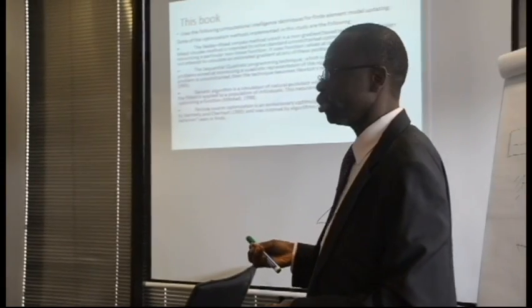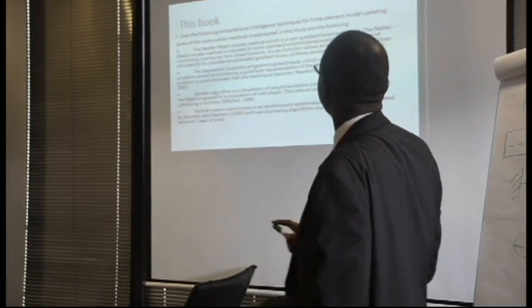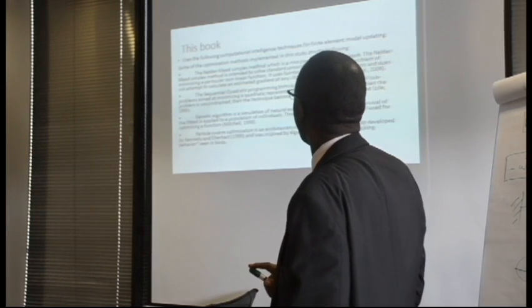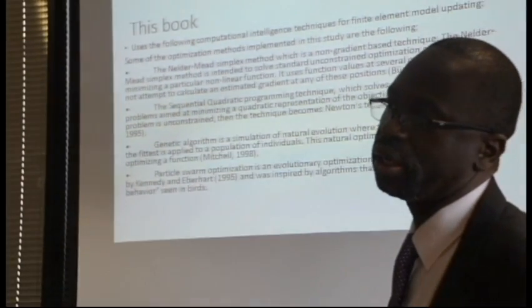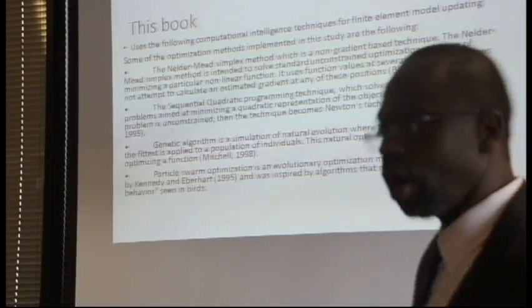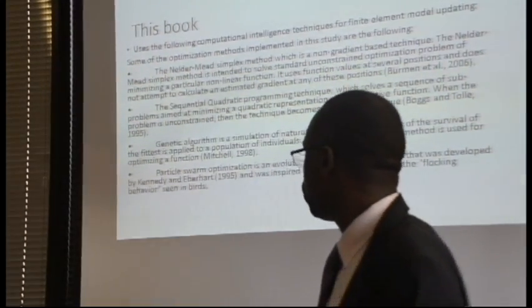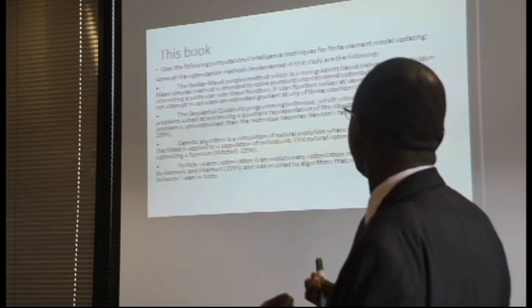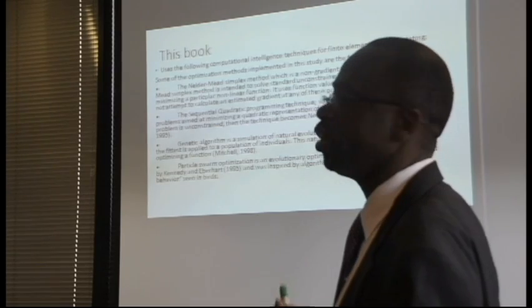The optimization method that we are going to use in chapter 2 is the Nelder-Mead simplex method, which is a non-gradient method, and the sequential quadratic programming technique. And then later on, we'll solve the same problem using genetic algorithm, which is based on the principles of simulating natural evolution, where the survival of the fittest is applied to a population of individuals.